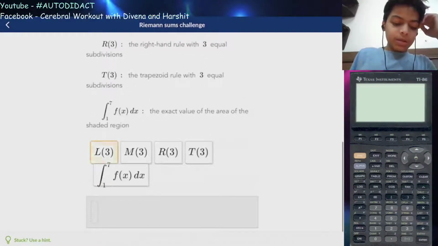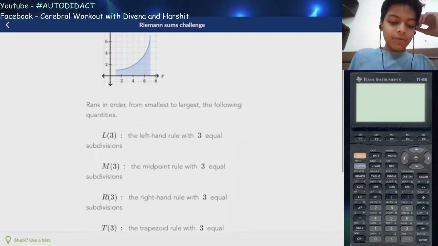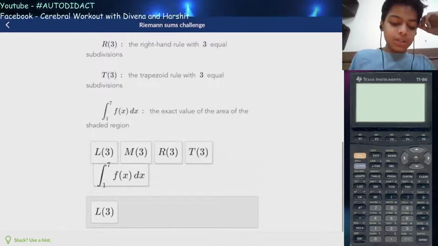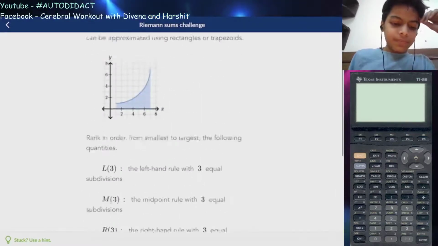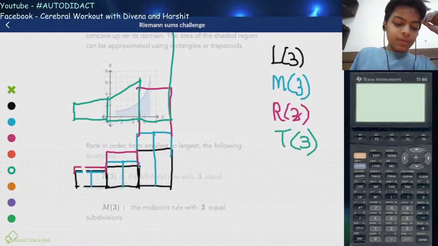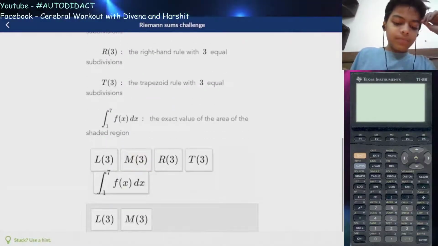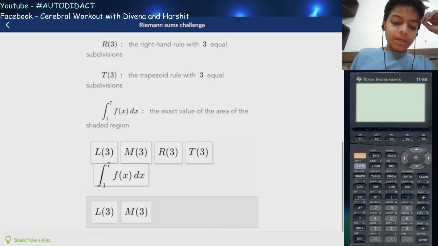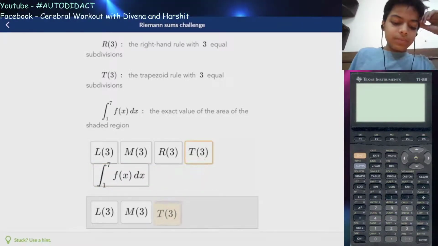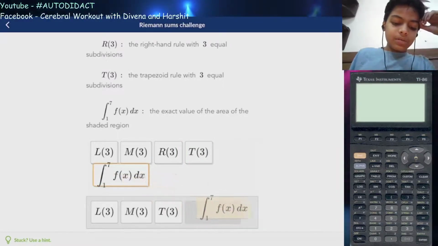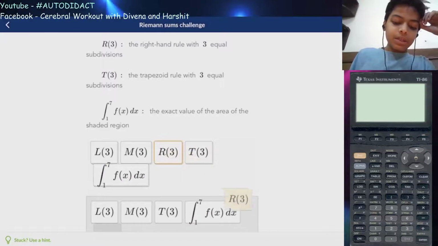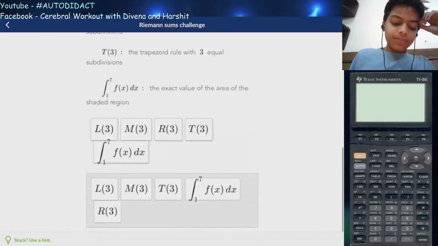We have to do from smallest to largest, so smallest is L of 3, followed by the midpoint rule. R of 3 is the biggest of them all, and then comes the trapezium one.